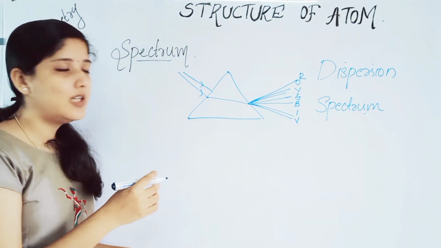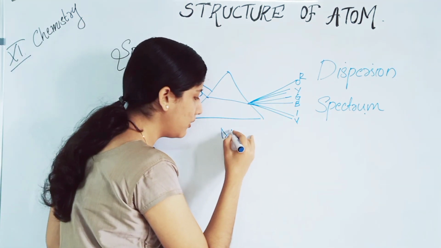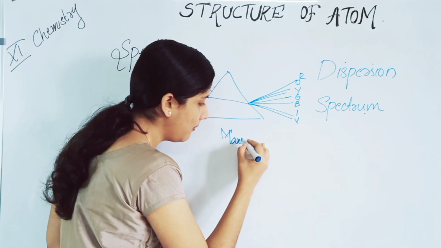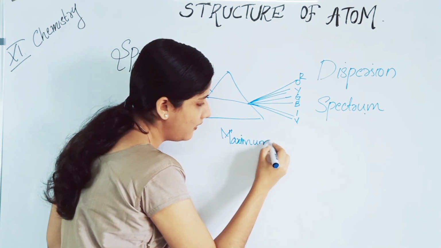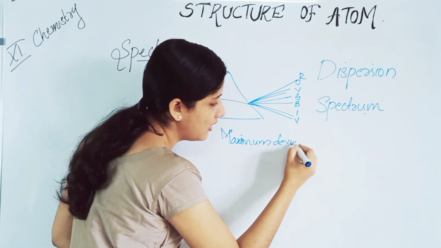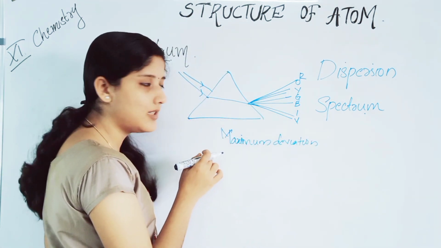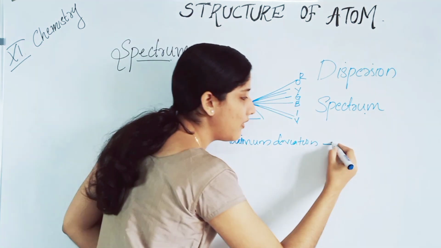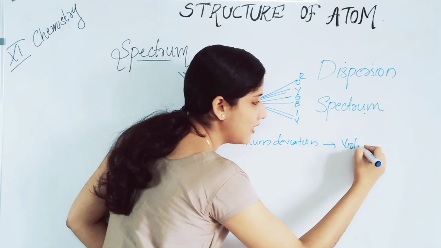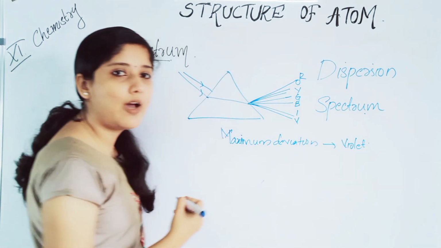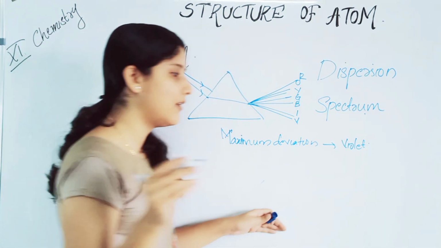And here the maximum deviation will be for the violet, isn't it? Maximum deviation for the violet, and violet has the least wavelength.